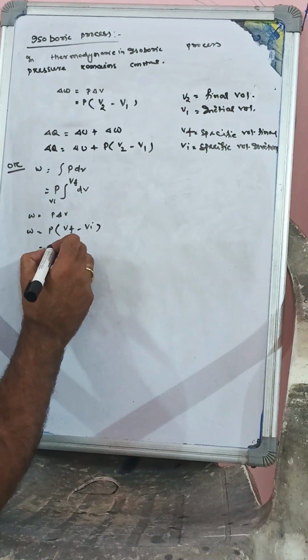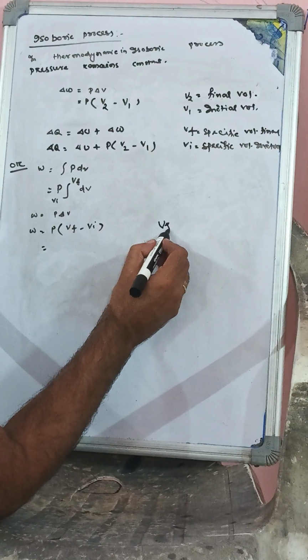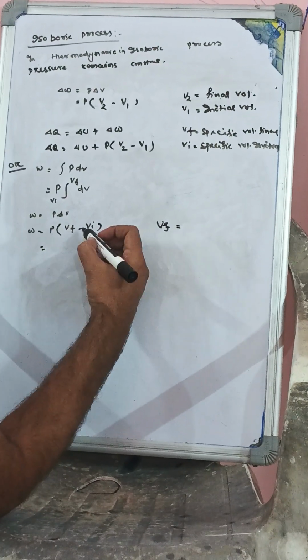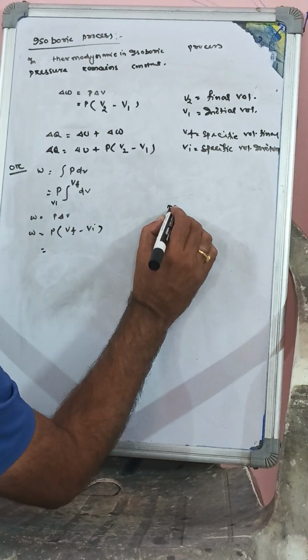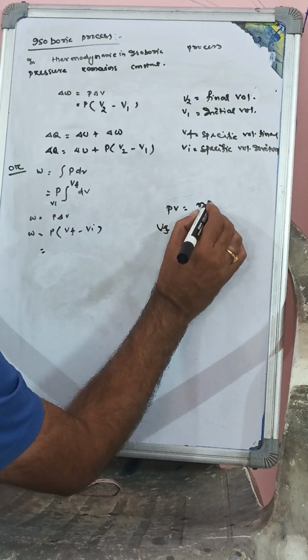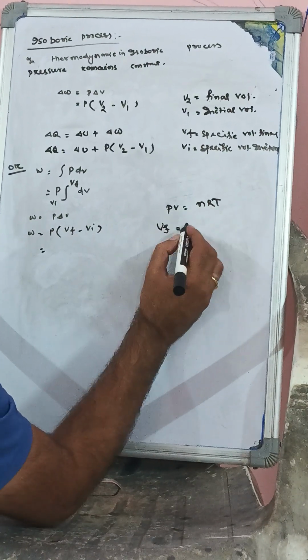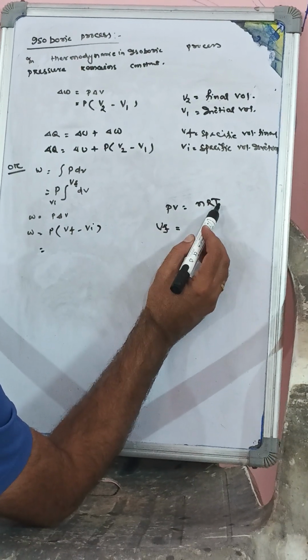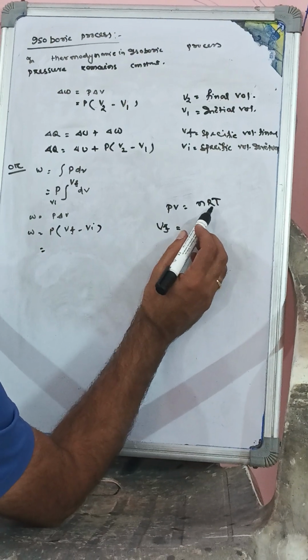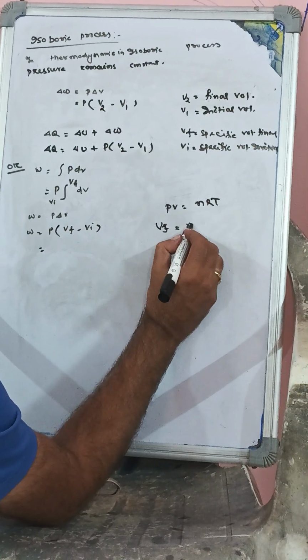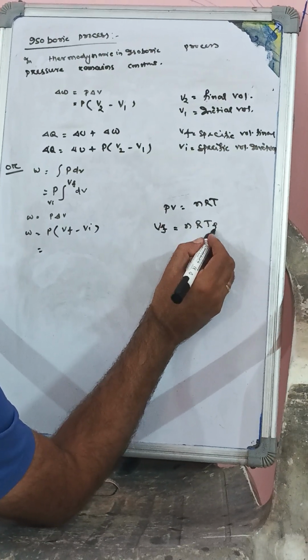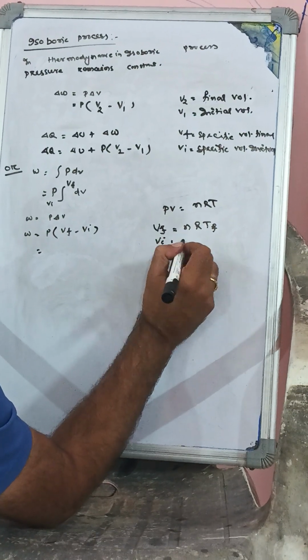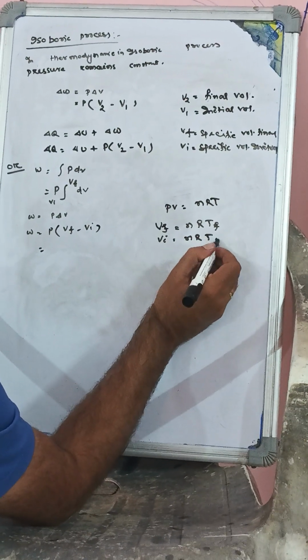Okay, then we can write PV is equal to nRT. So final volume is equal to nR into final temperature, and Vi is equal to nR into initial temperature.